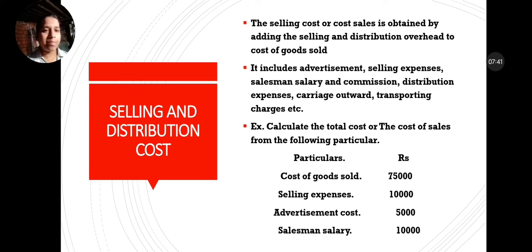Here is an example. We have cost of goods sold, selling expenses, advertisement cost, salesman salary. These are related to selling. So from this data we get total cost or the cost of sales.